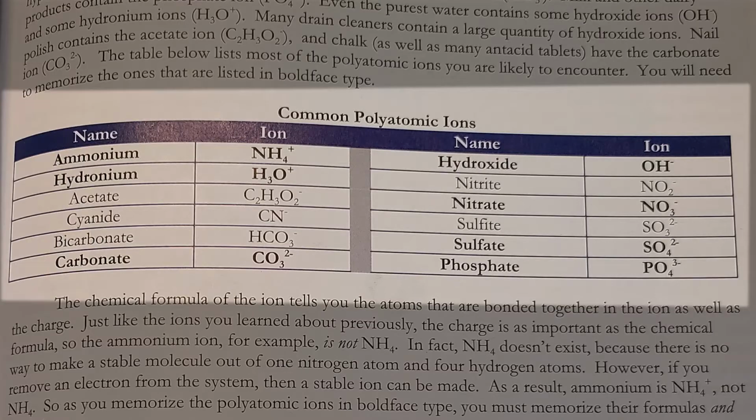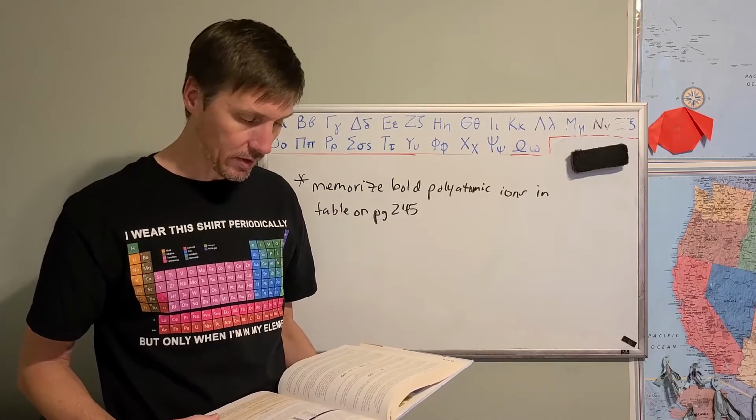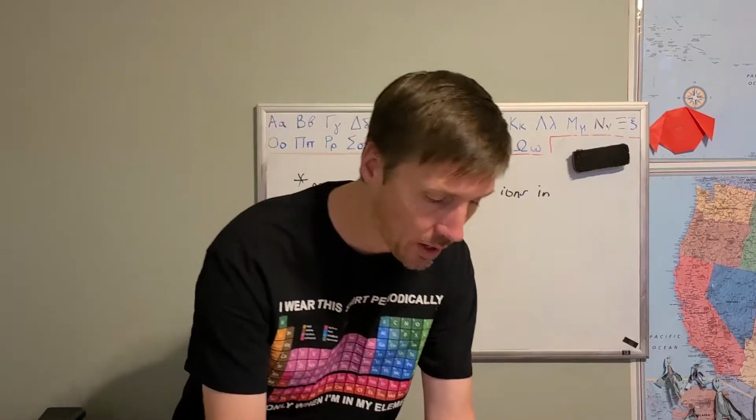So basically ammonium, hydronium, carbonate, hydroxide, nitrate, sulfate, and phosphate, all right? So only 7 that you need to memorize, but when I say memorize them, what do I mean?